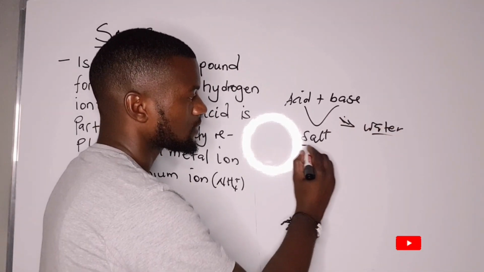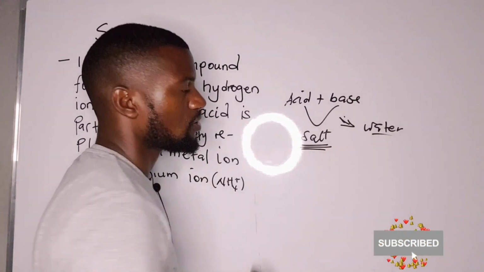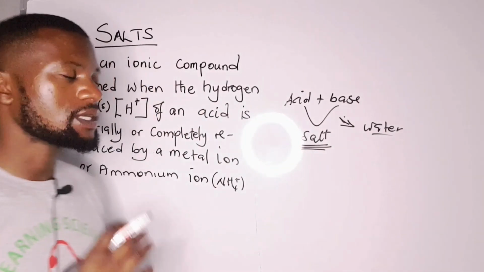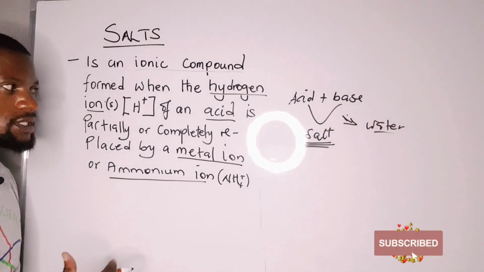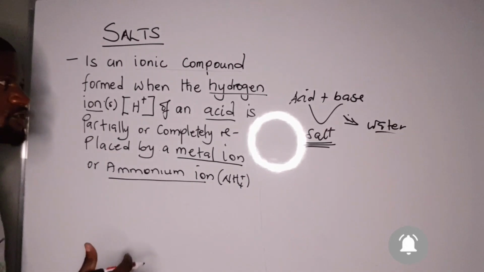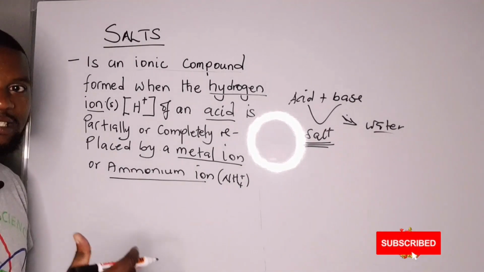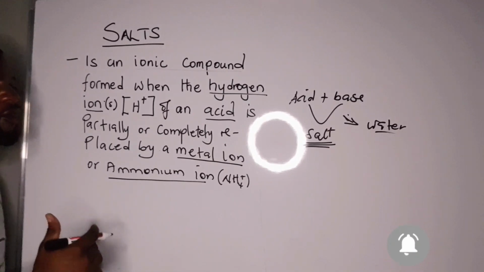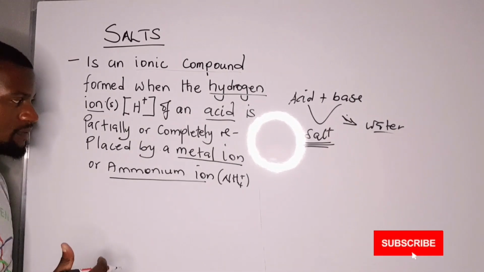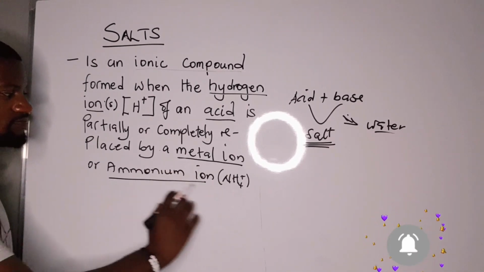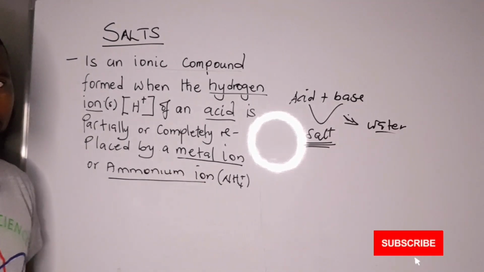But our main concentration is on a salt. In other terms, we can say a salt is a compound that is formed when the hydrogen ions of an acid are partially or completely replaced by a metal ion or ammonium ion.